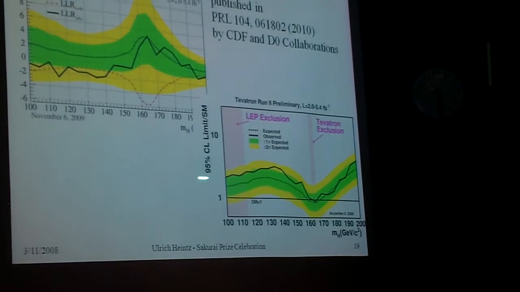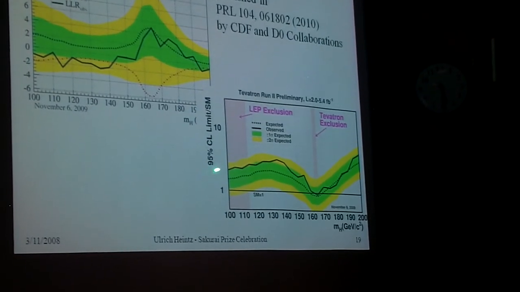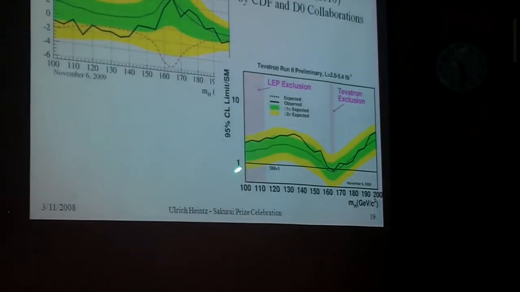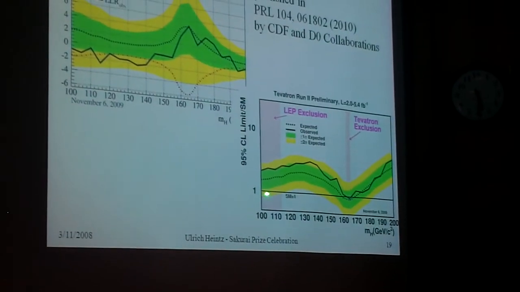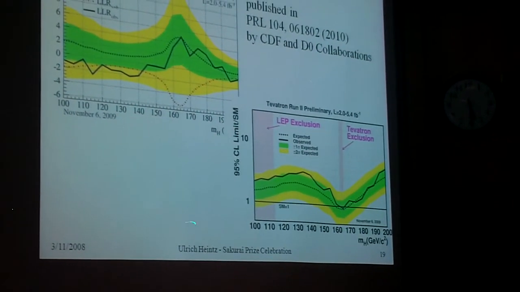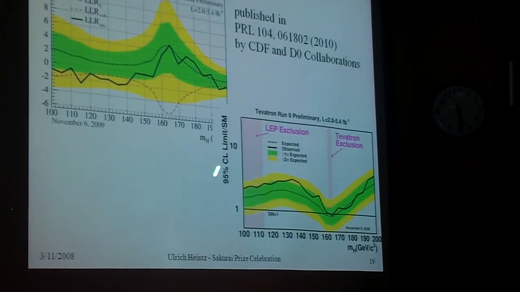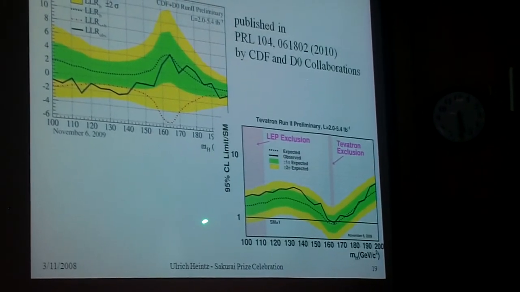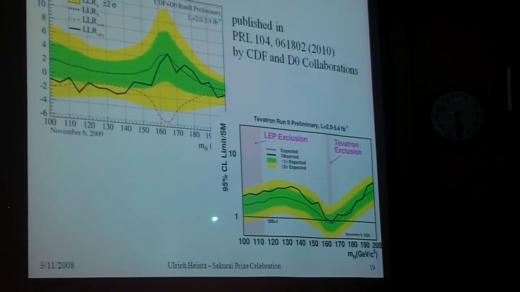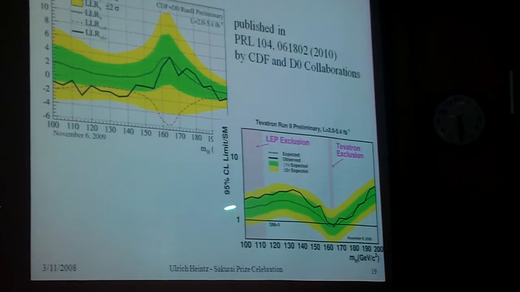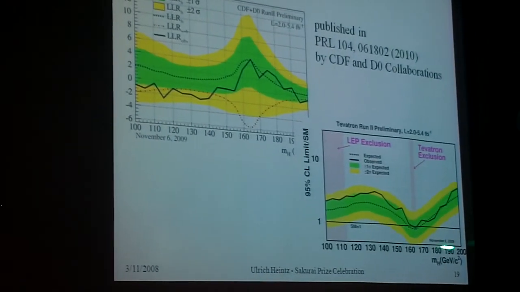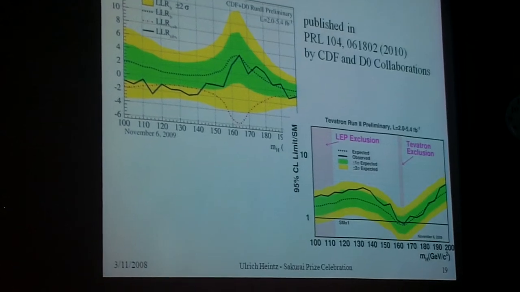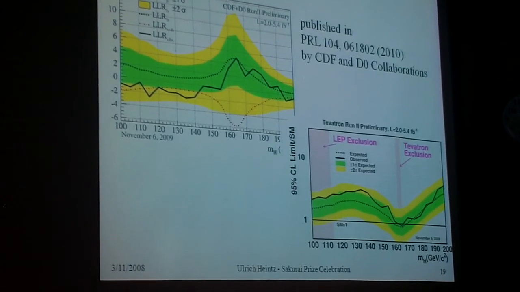At the low mass, we're still a factor of about 2 above the standard model cross-section with what we can exclude. So this shows you the ratio of the 95% confidence level limit on the cross-section to the standard model cross-section. So when the black curve drops below 1, then we've excluded Higgs boson production at the standard model cross-section.